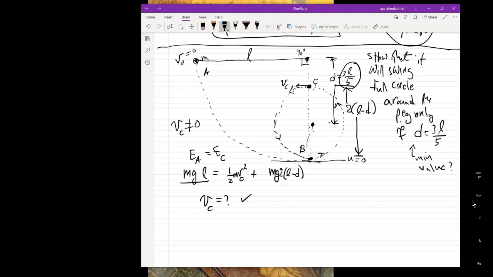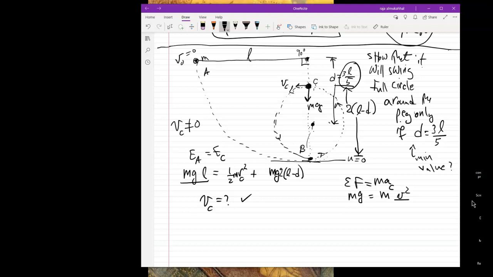See, in order for V sub C to be non-zero, well, look at the bob here. Here's the bob of the pendulum. The weight of the bob, excuse me, is mg like that. And this is V sub C. The mg here will play the role of the centripetal force. So here, if I use sum of the forces equals ma, where a is the centripetal acceleration, that's just going to be mg, I'm ignoring the minus sign, equals m v squared over r.